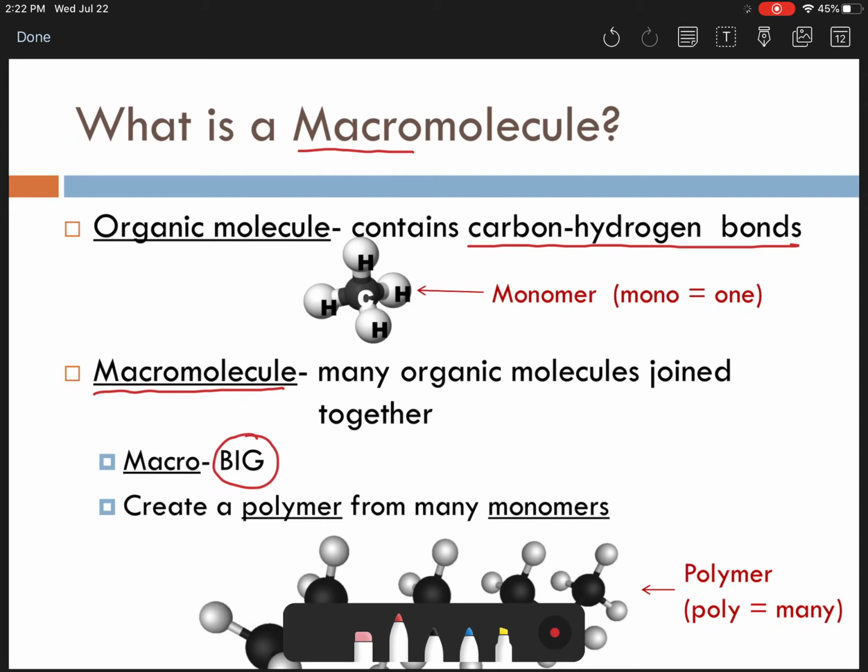And so once we have that macromolecule, once we've joined all these molecules together, we form what's known as a polymer. Poly, right here, means many. A monomer is just a single unit. Mono means one. And so another name for a monomer might be a subunit.